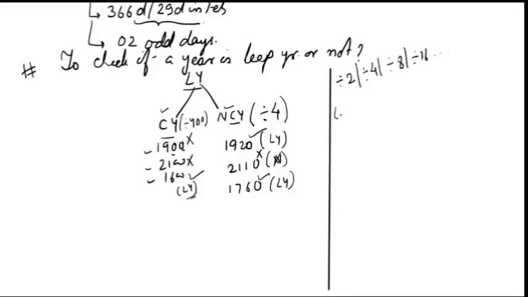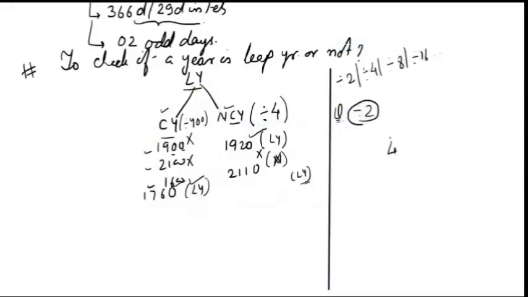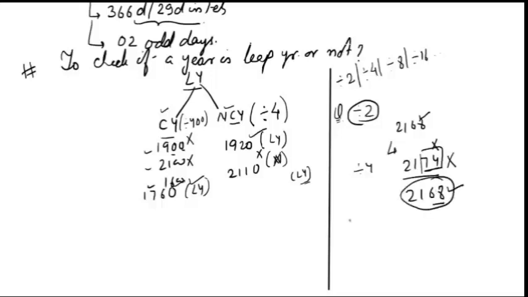Take a number like 2168. If the last digit is divisible by 2, that means the number is divisible by 2. Divisibility rule of 4, take 2174: the last 2 digits should be divisible. Here 74 is not divisible by 4, that means 2174 is not divisible by 4. Like 2168: 68 is divisible by 4, that means the whole 2168 is divisible by 4.